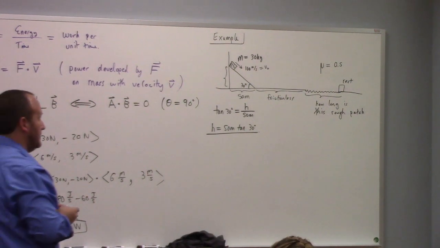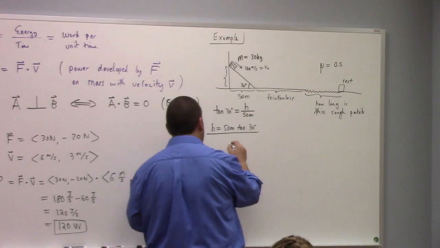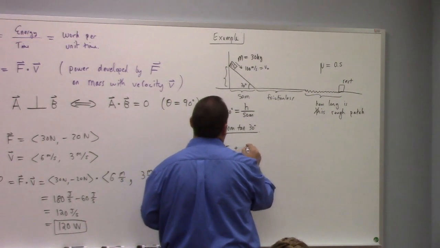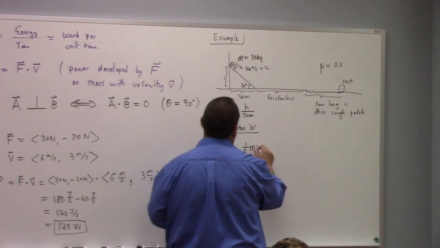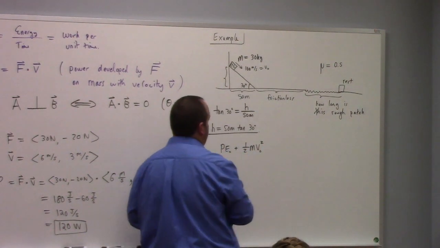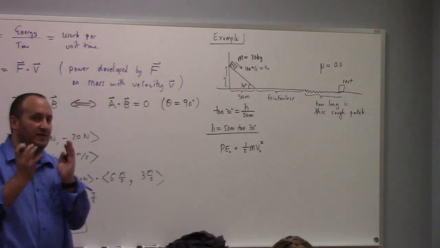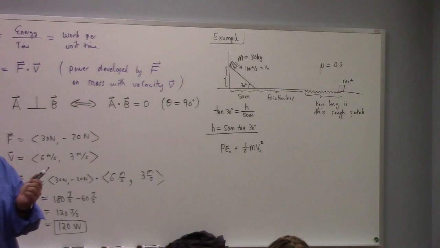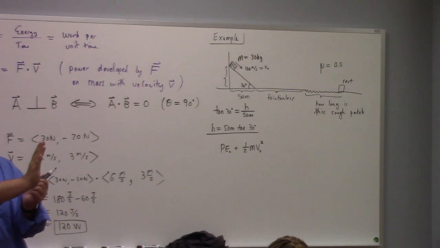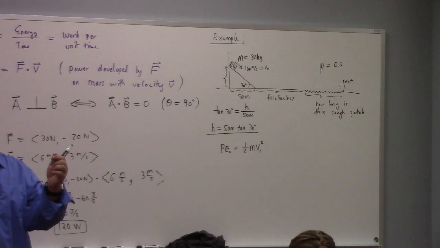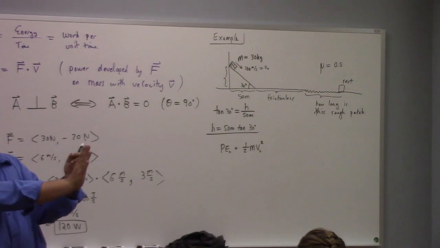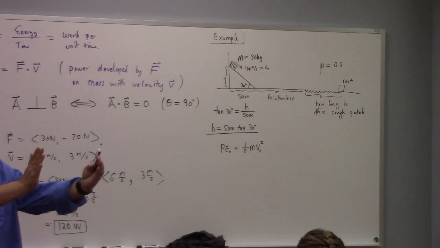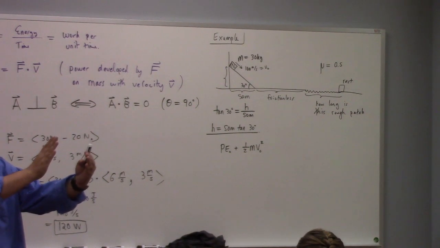Then what we're going to do is say the initial potential energy plus 1/2 m v naught squared, the initial kinetic energy, is the total energy of the system, right? So the box slides down the inclined plane and then across the frictionless plane until it gets to the rough spot. That's a conservative process. No energy is lost in the sliding process. And then friction does work on the system in the rough patch, and then all the energy is lost.